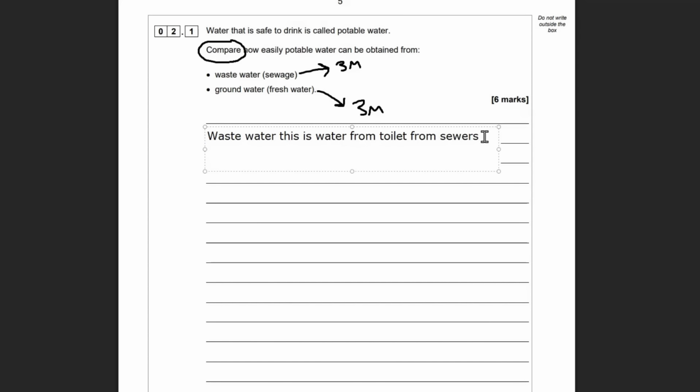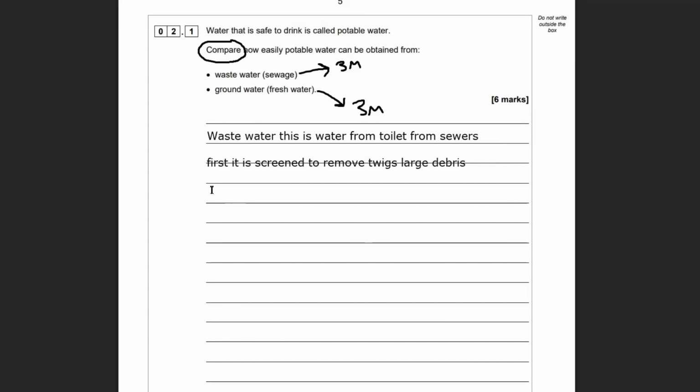Well, only some of it goes back into that, and some of it goes into farmlands and things like that, where people aren't going to drink it directly, and some of it goes into cleaning in factories and industry. So wastewater from the toilet, from the sewers, what happens to it? Well, first it is screened, to remove twigs and large debris. So this is going to remove large lumps and bits that are inside the sewage.